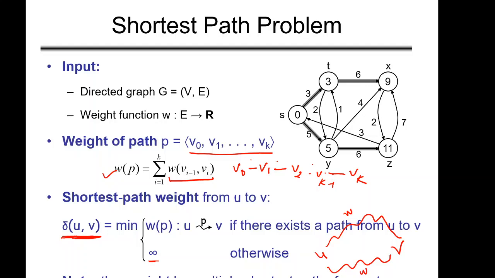The value of the shortest path weight from U to V is unique, but there could be multiple such paths having the same shortest weight. The shortest path weight is denoted by delta of U comma V. This is the shortest path weight from U to V, and we will use this term again and again.